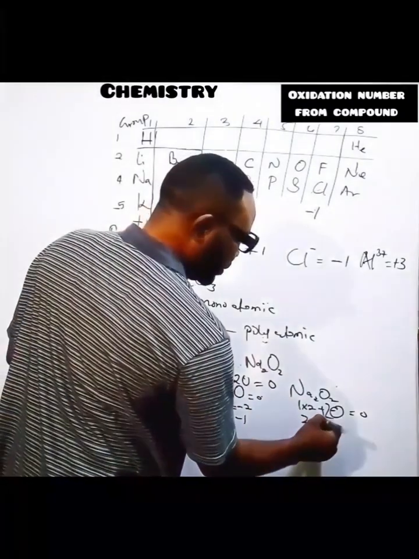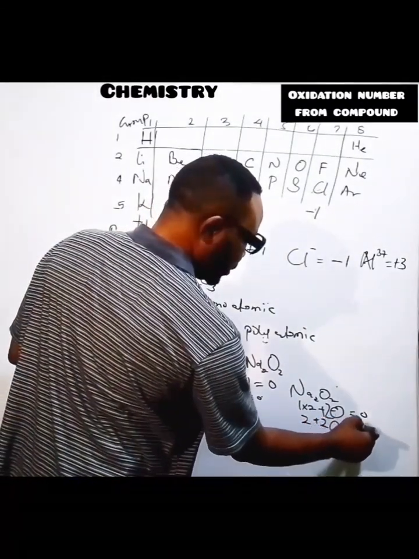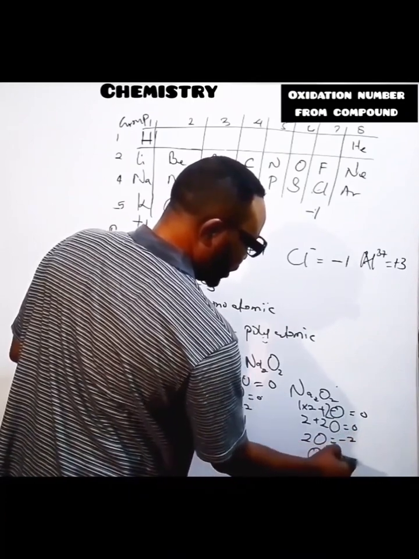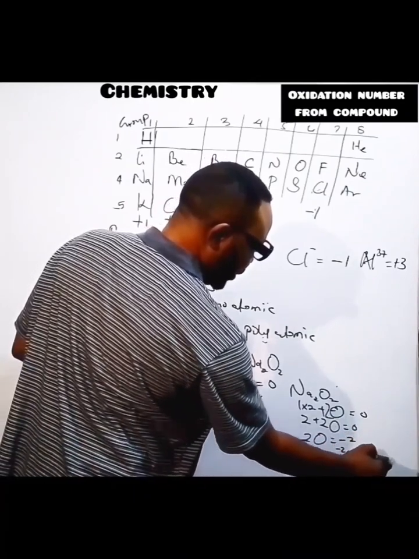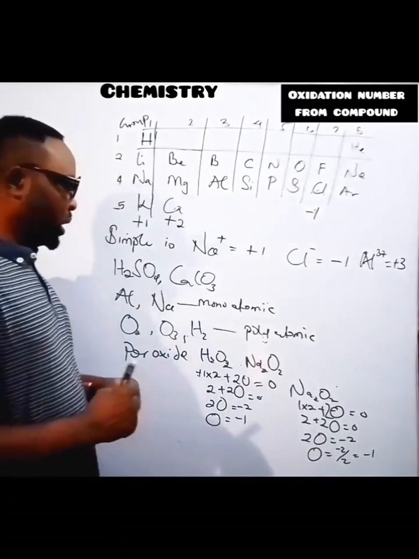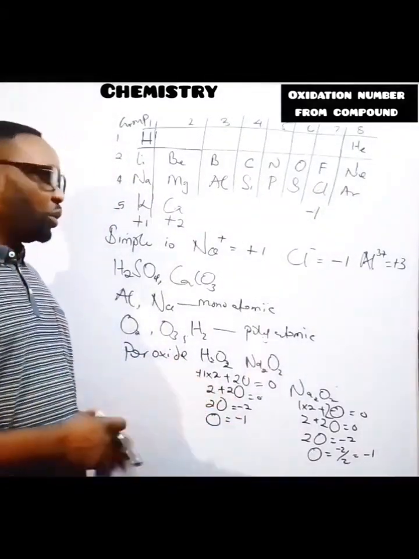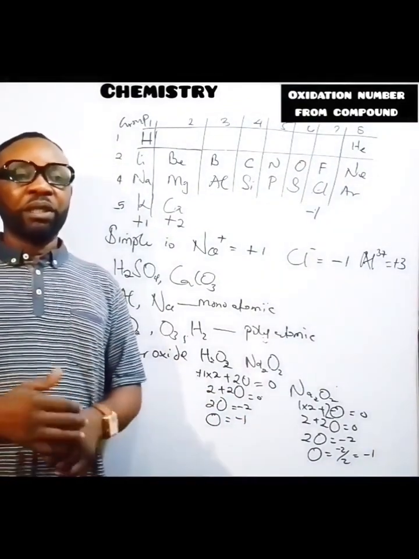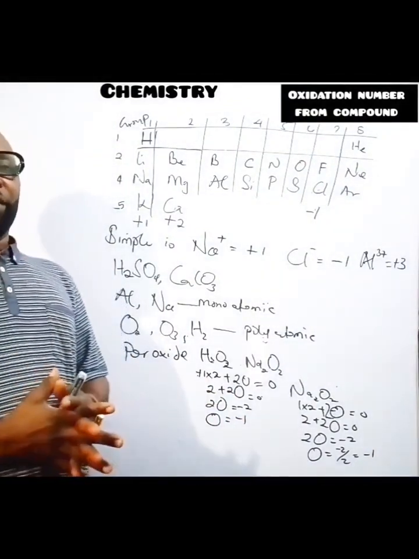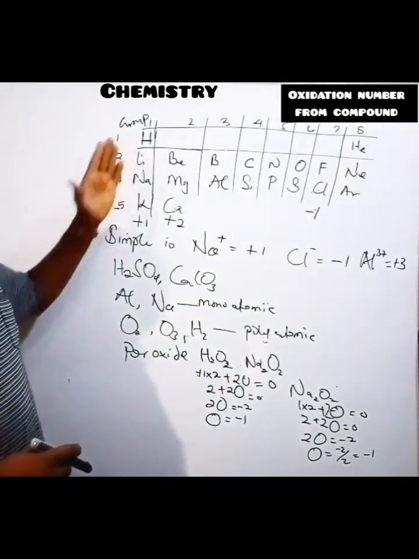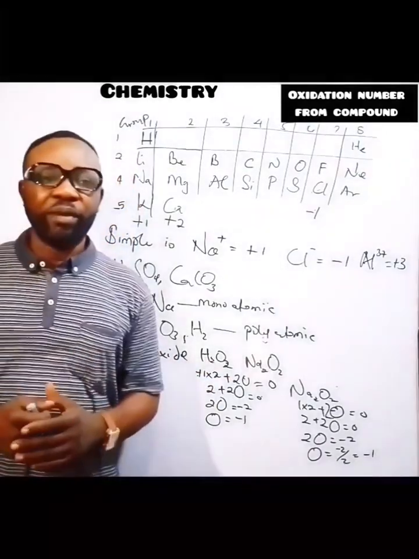So 2 plus 2 oxygen is equal to 0, 2 oxygen will be equal to -2, and oxygen is -2 over 2, which is equal to -1. So this is enough to let us know that the oxidation number of oxygen in its peroxide is equal to -1.